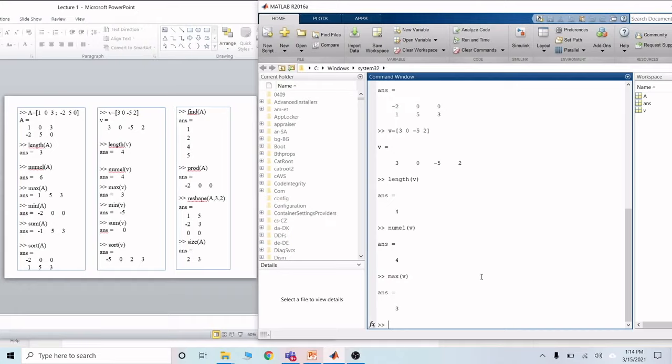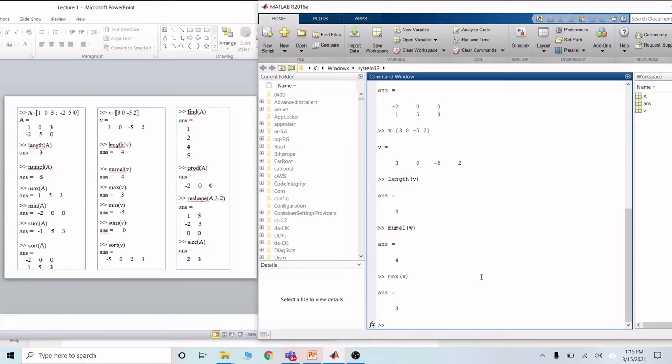Okay, because max computes the maximum in each column, but there is only one element in every column, so it will compute the maximum row-wise, because there is only one row.